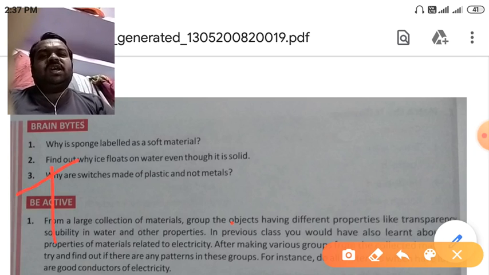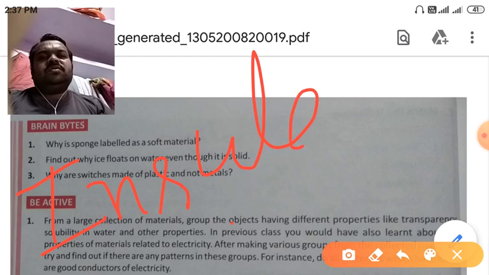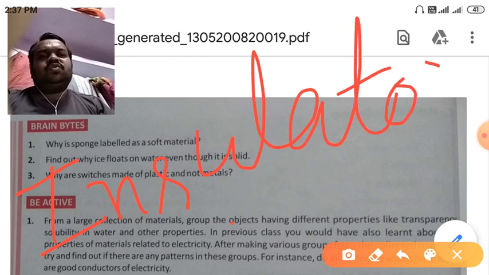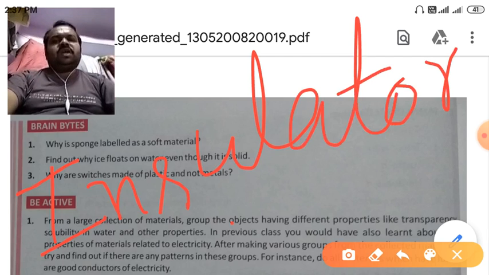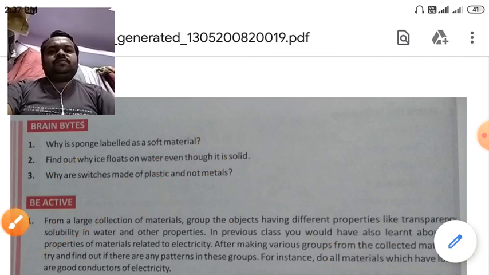Insulators are those materials which do not allow electricity to pass through them.